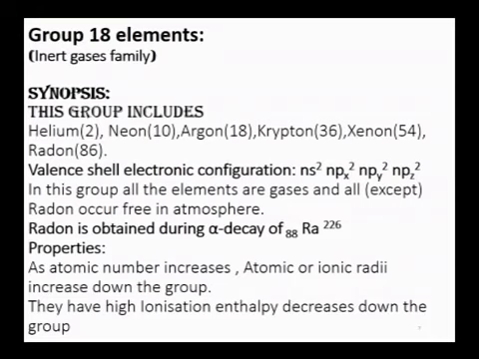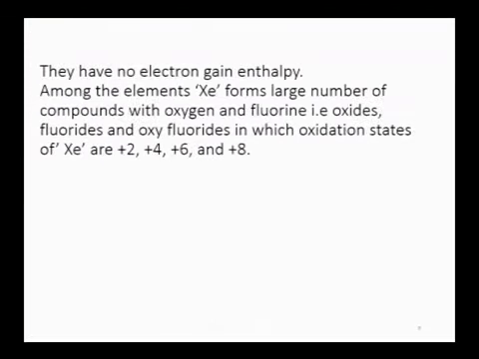Regarding properties, as the atomic number increases, atomic or ionic radii increases down the group, that is atomic size increases. They have high ionization enthalpy, decreases down the group. To remove electron, it needs high ionization energy. They have no electron gain enthalpy.